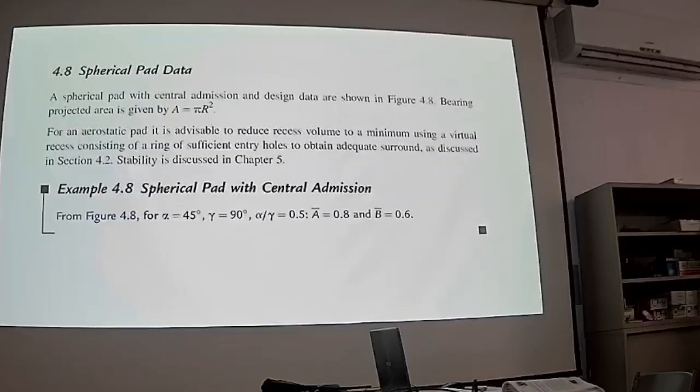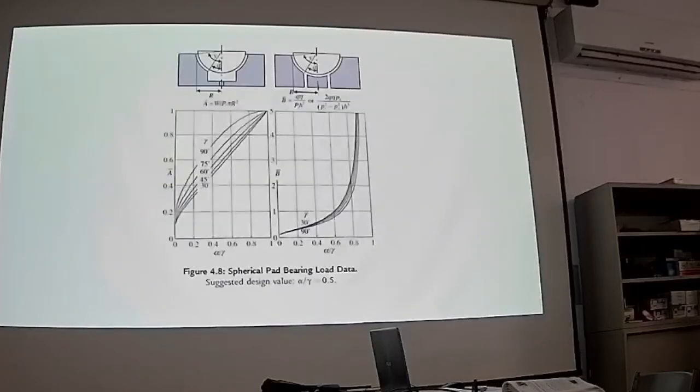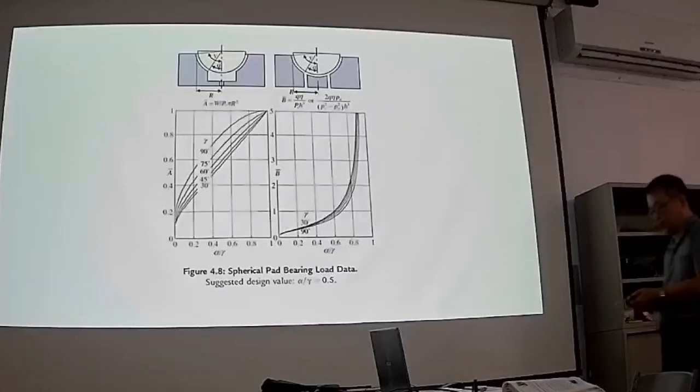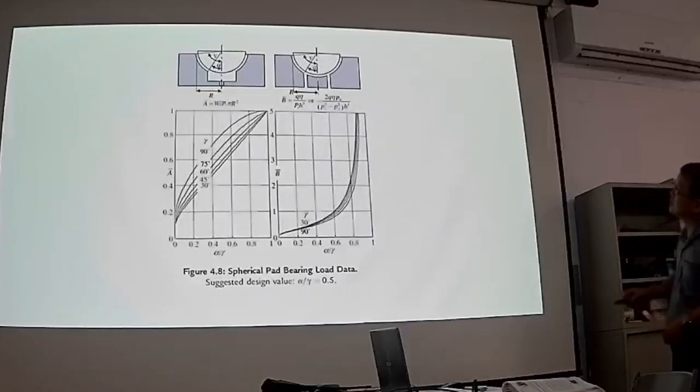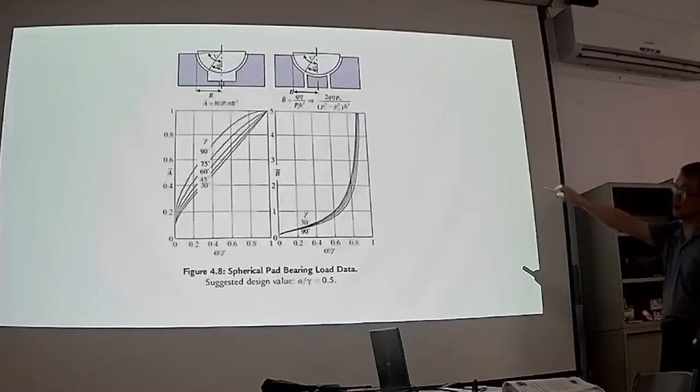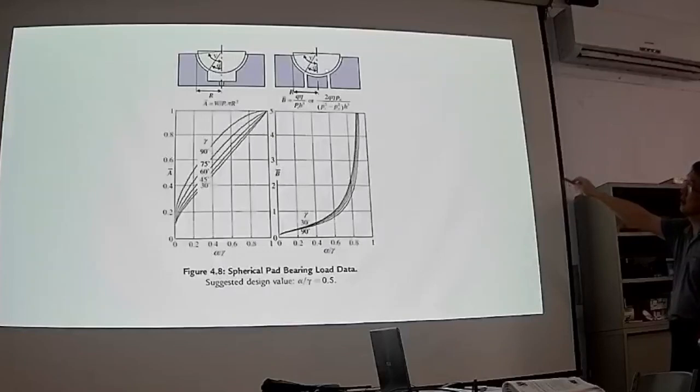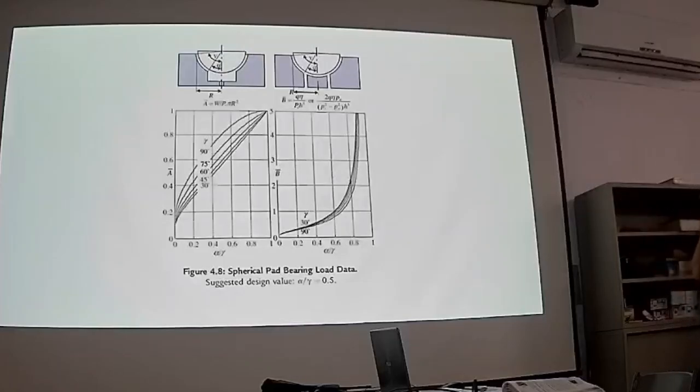And the other one is the spherical bearing. Okay. The same. The left hand side is with the recess design, and this one is without recess. Okay. So this is the semi-spherical bearing.